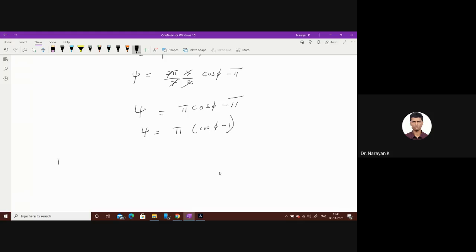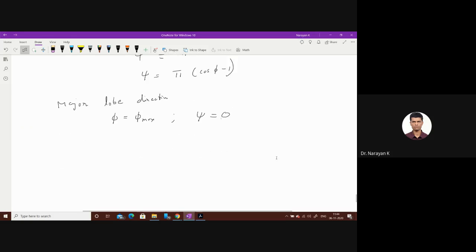Next, your major lobe direction. Two questions we have done. So for phi is equal to phi max, equate psi is equal to 0. Agreed? Yes, sir.